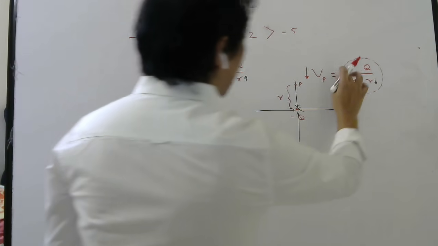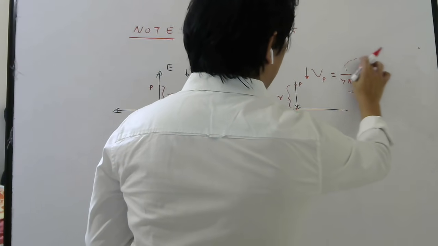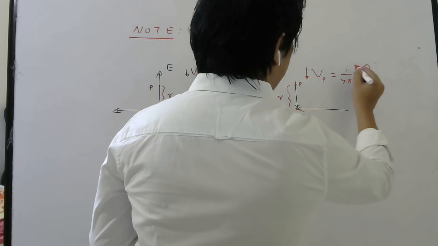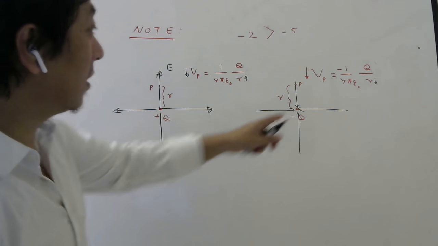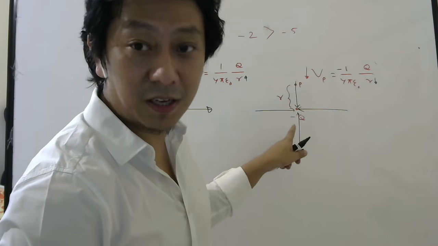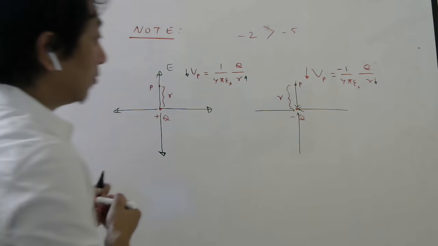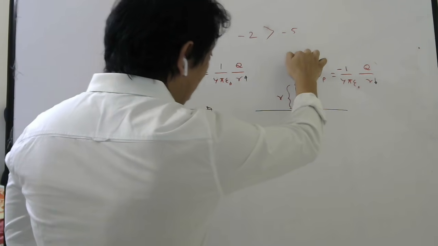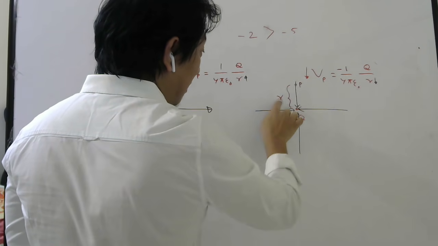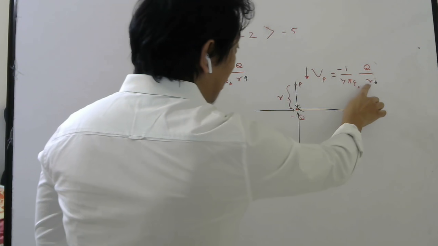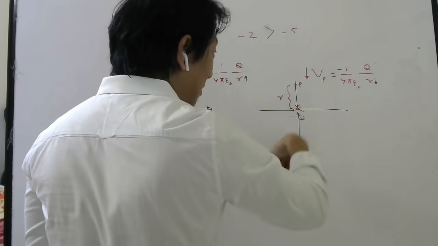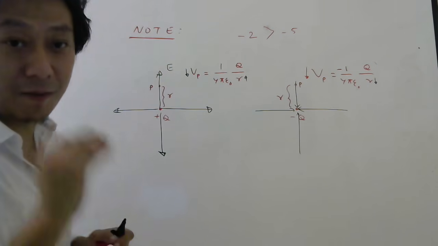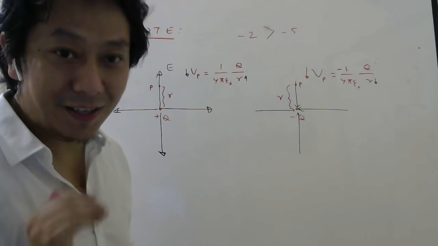Please understand this small thing very carefully. The minus sign here is because the source charge is negative. So students, be careful. As you walk along the electric field, in this case, R decreases. Some of you may think potential increases. No, potential decreases because there is a minus sign. And minus increasing is actually decreasing.